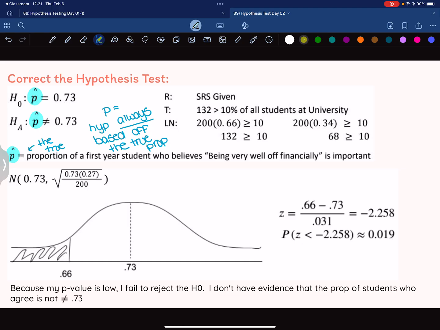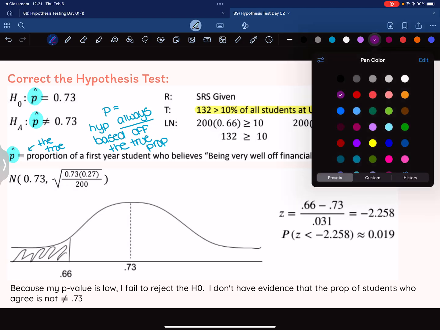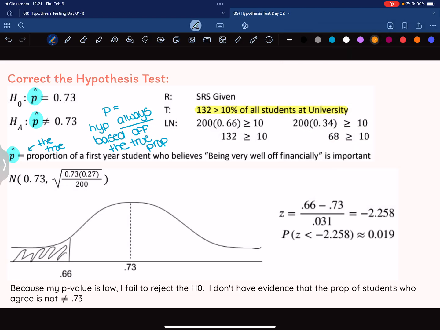And as I make my way down here, I notice we have another issue. When I look at our conditions here, it says 132 is greater than 10%. Well, we've never talked about that. So there are a couple of red flags in that scenario. We know first off that it's supposed to be N is less than 10% of whatever that population is.